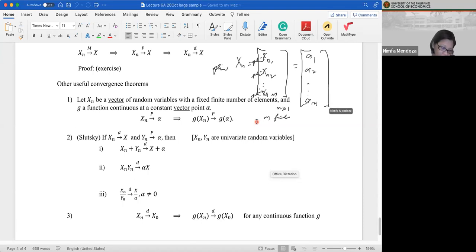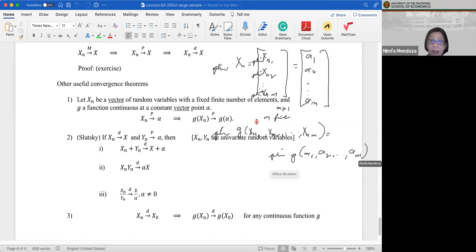So if you have a function g of x n1, x n2, down to x nn, then the p-lim of this is equal to g of alpha 1, alpha 2, down to alpha n.